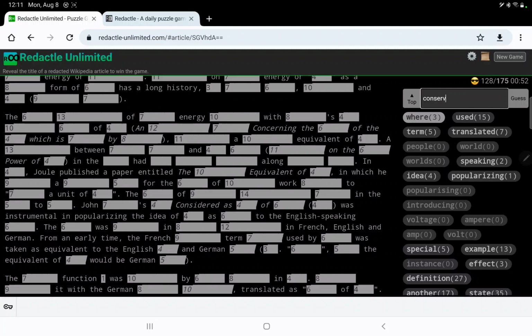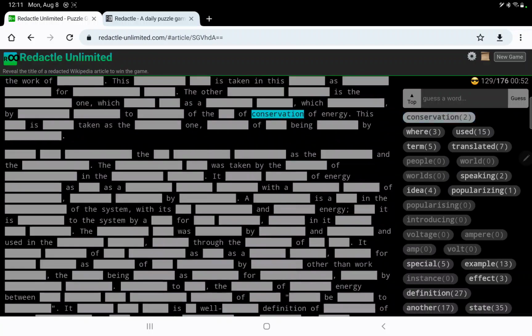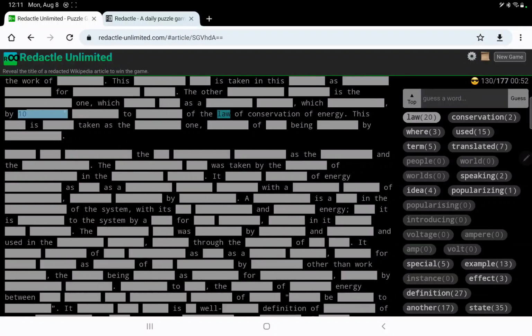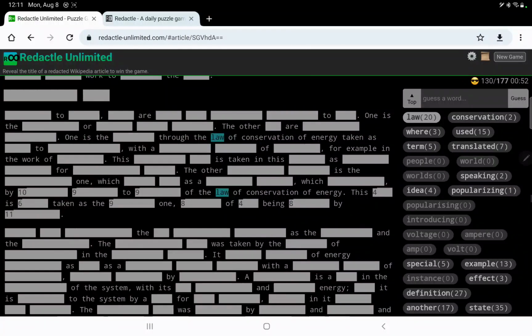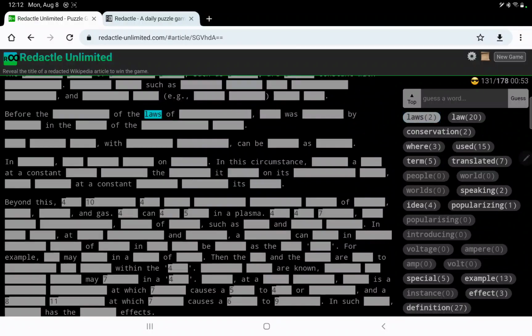Oh, how about conservation of energy? 2 conservations. Okay. Of the law. The 8 of 4 being 8 by 11. So here are 2 of our laws and our 2 conservation. So we have 11 fours. One of them laws. Well, we do have 2 laws.